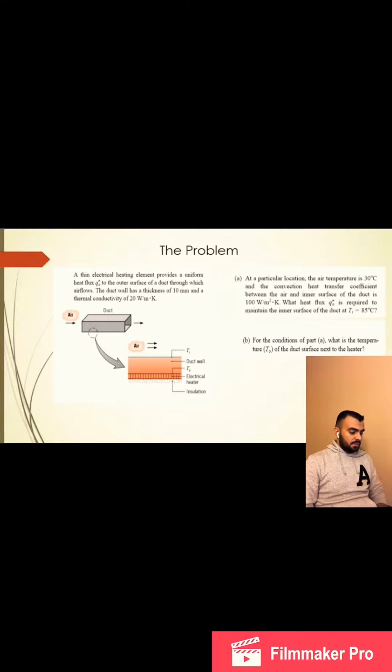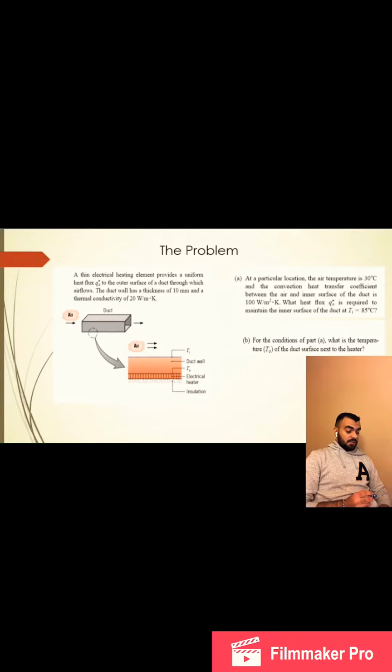So we have a thin electrical heating element that provides a uniform heat flux to the outer surface of a duct through which air flows. The duct wall has a thickness of 10 millimeter and a thermal conductivity of 20 watt per meter times Kelvin.